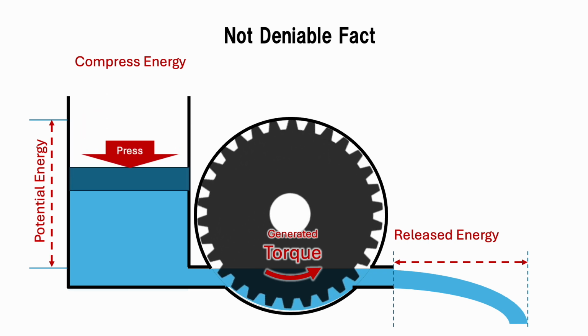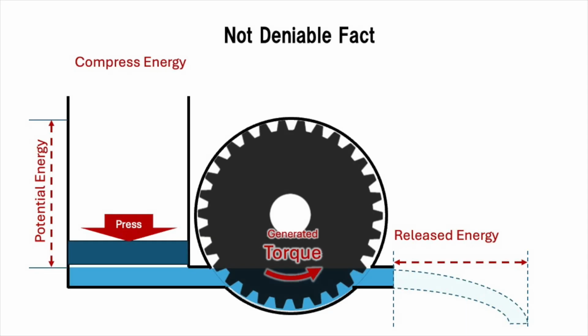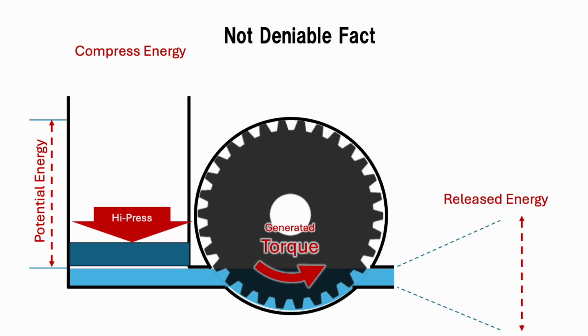If stable pressurization is applied from the outside without relying on gravity, the fluid speed in contact with the turbine will increase, and torque that rotates the turbine at high speed will be generated along with the released energy. If even higher pressure is applied, high torque energy will be generated along with the released energy, but it is obvious that most of the pressurized energy is converted into released energy.